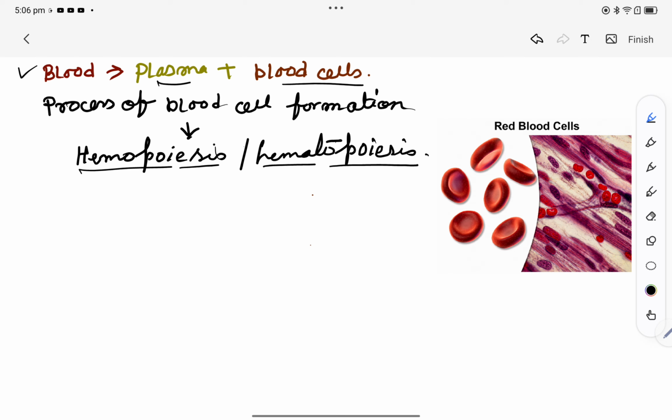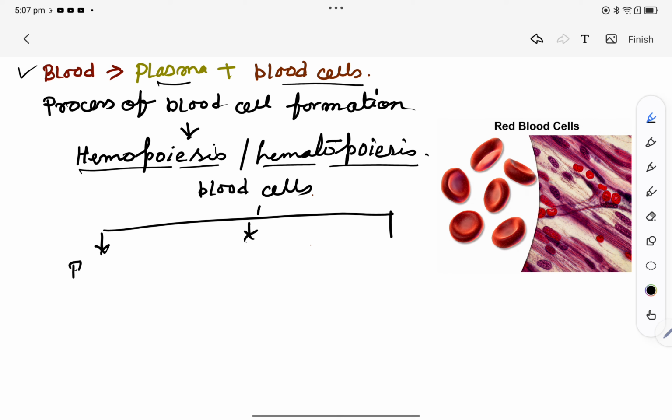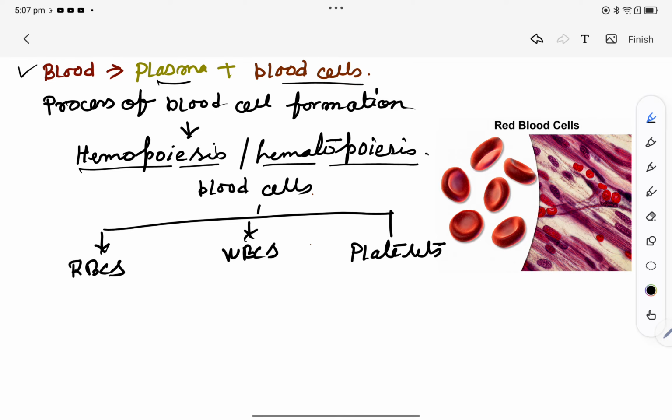We have three types of blood cells in our body: RBCs, also called erythrocytes; WBCs, also called leukocytes; and platelets, also called thrombocytes. In today's video, I'm going to discuss RBCs.